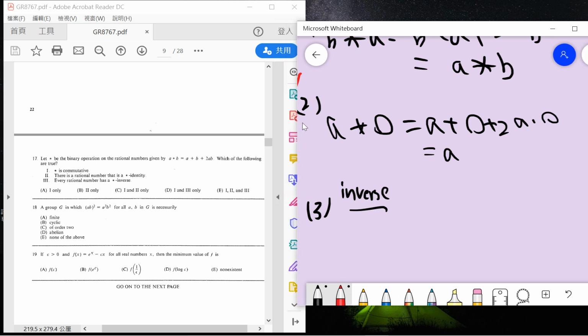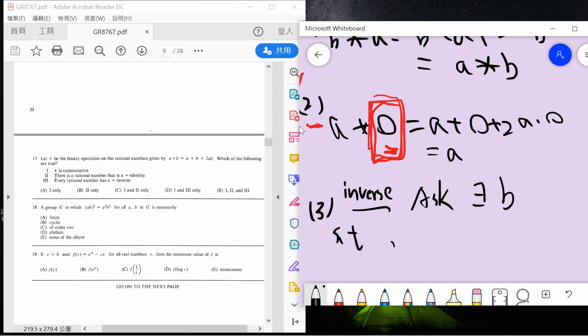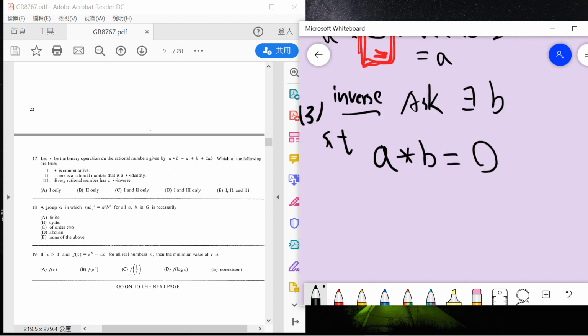But since 2 is correct, I guess what we need is 0. 0 is the inverse he wants. So we want to ask, is there a B such that A star B is 0 for every A? We want to ask whether this is correct.